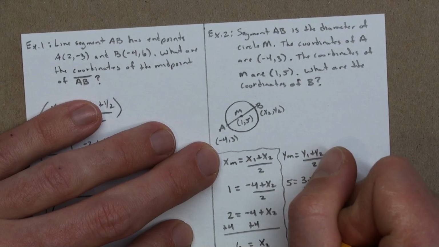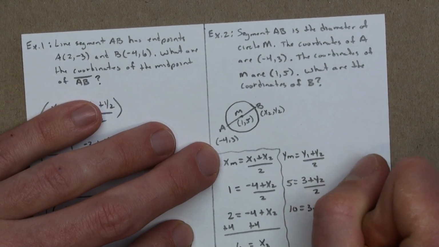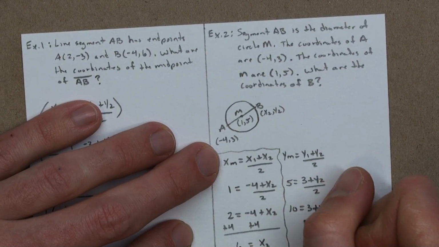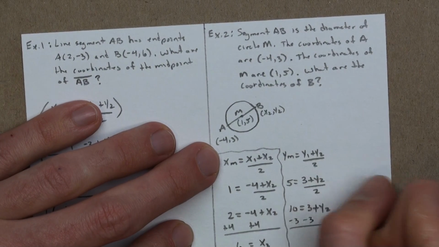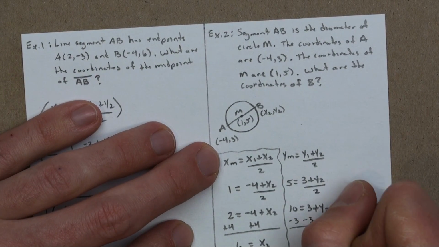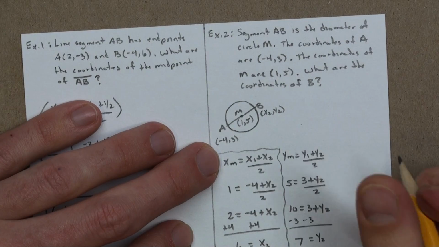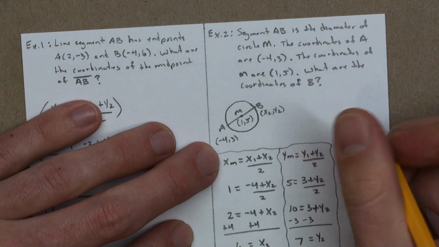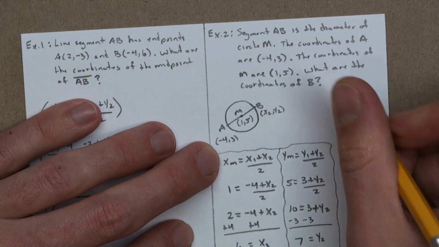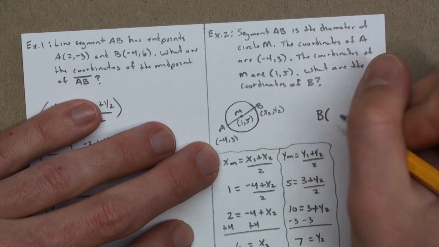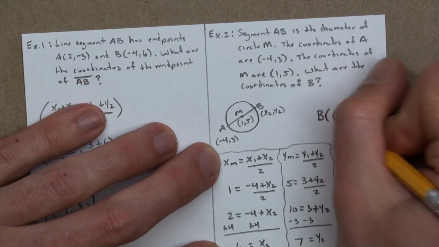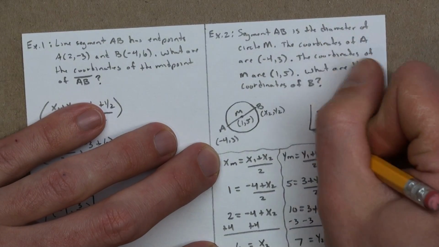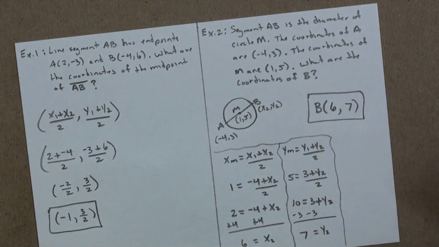If I cross multiply, I get 10 equals 3 plus y2. Subtract 3, I get y2 is 7. So B is (6, 7). Okay?